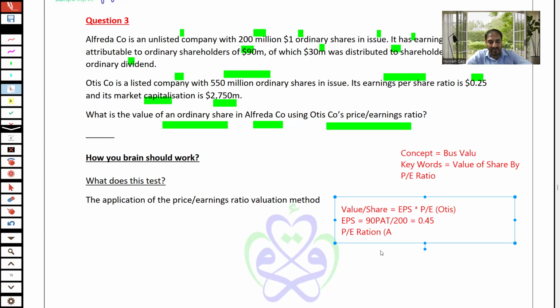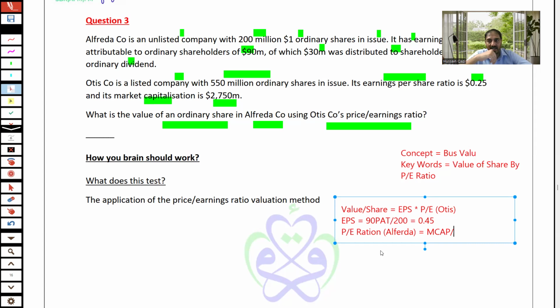Second, use the PE ratio of Otis. It's very simple. That's market capitalization divided by earnings, or market value of share divided by EPS.